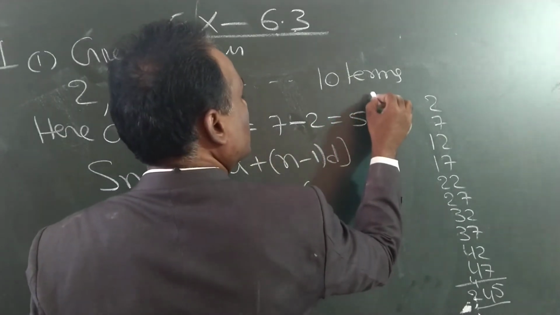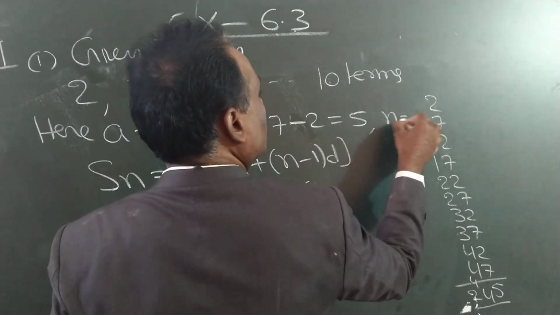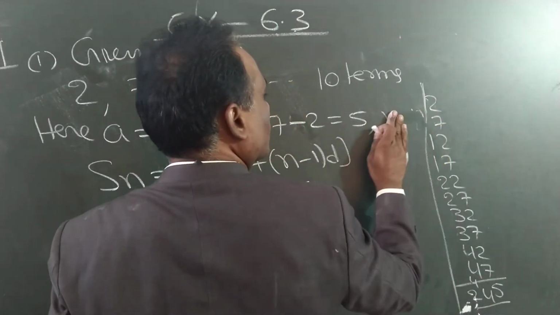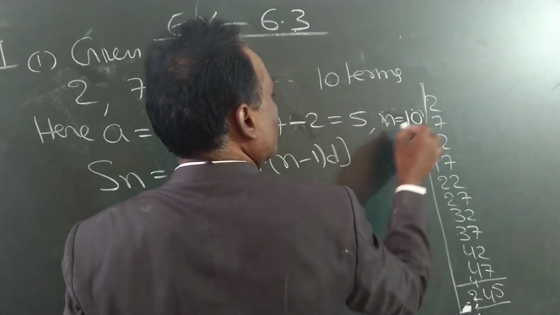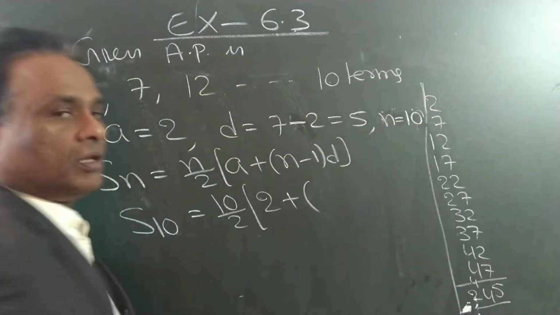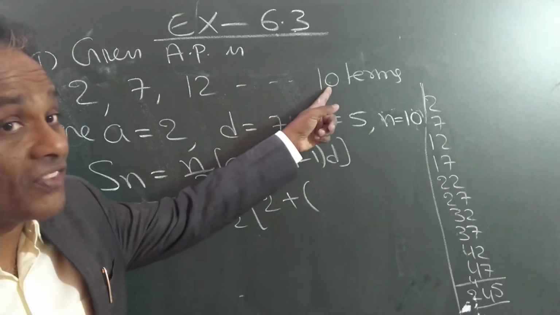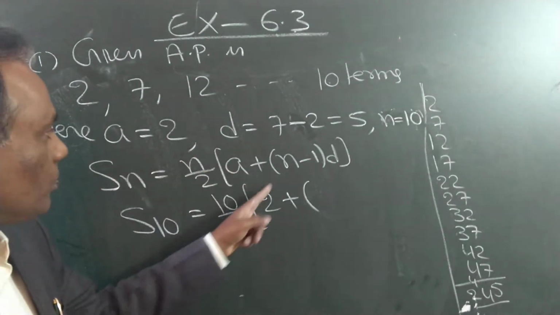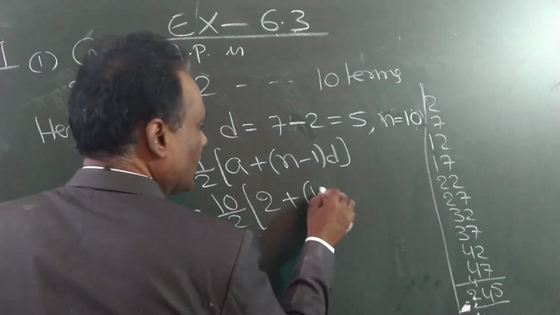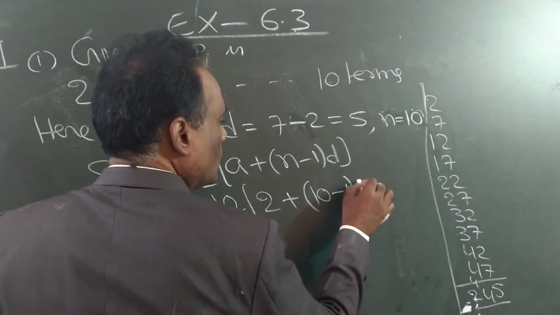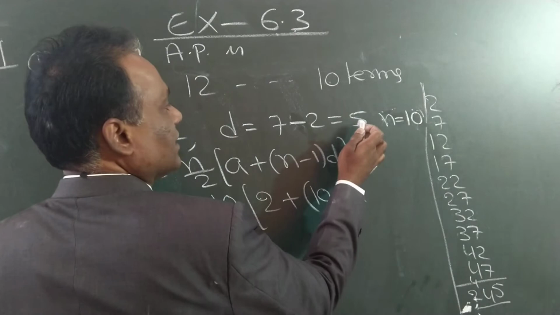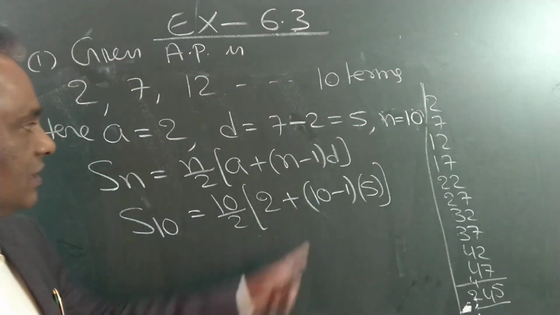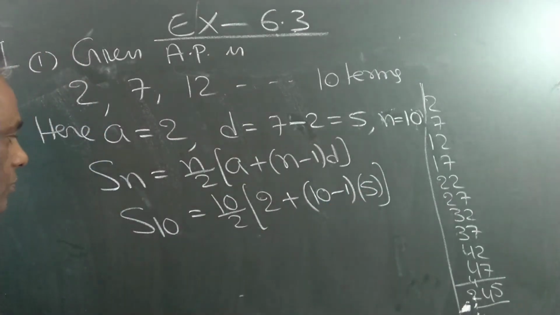N is equal to 10. That also you write. Why 10? Because we have to find the sum of 10 terms. So n by 2 is 10 by 2, times a, which is 2, plus n minus 1, which is 10 minus 1, into d. d is 5.